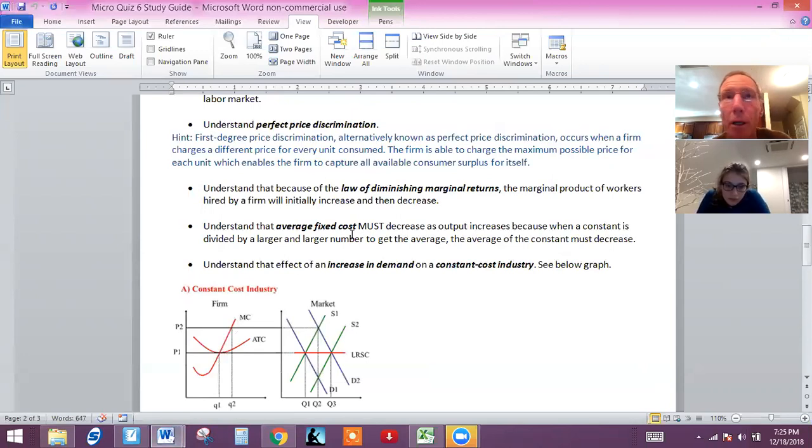Before I hire any labor, before I buy any materials, I have to first build a factory.